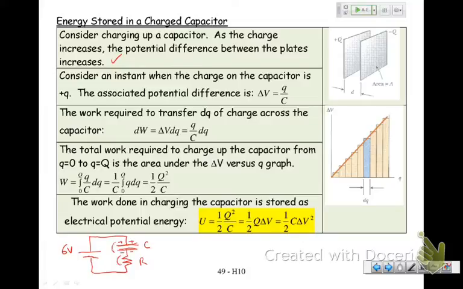That's because cars are finding it harder to find a parking space. Finally, I've got maxed out charge on my capacitor. I've got all the potential difference across the capacitor. It's 6 volts. I've got no potential difference across my resistor. There's no current flow. I'm fully charged.